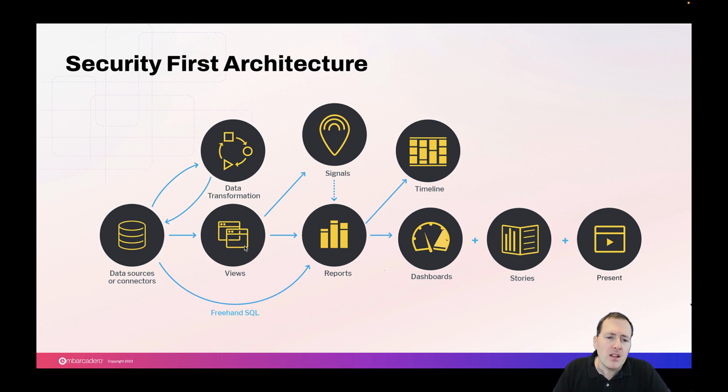That data source is then pulled through to these views. And through the views, the freehand SQL could be pumped into a view. With the views, you're then able to apply any additional data substitution or data filtering that you want to.